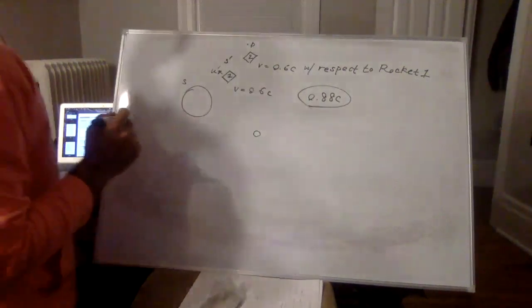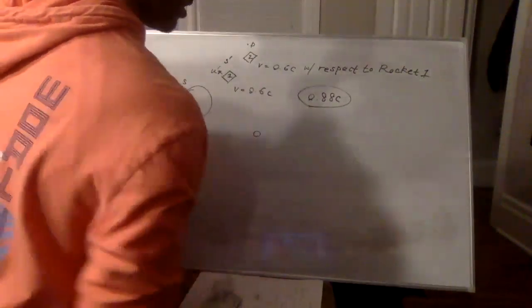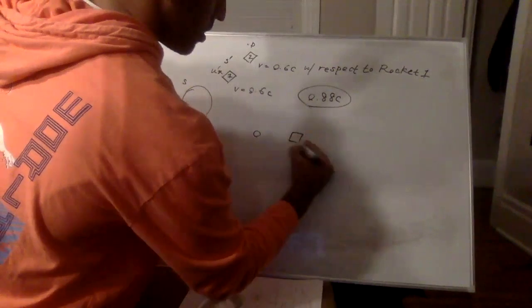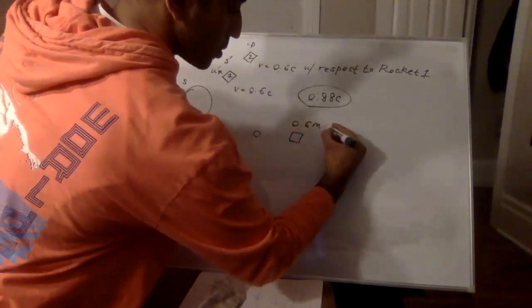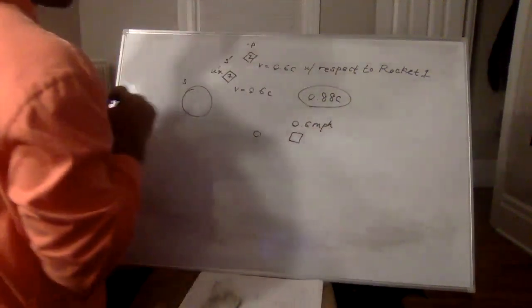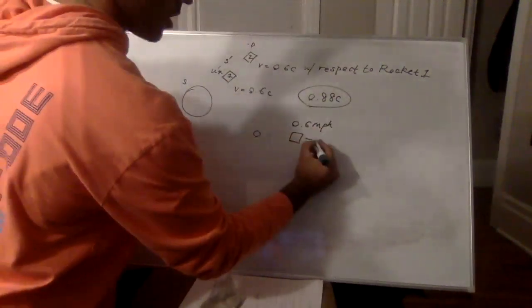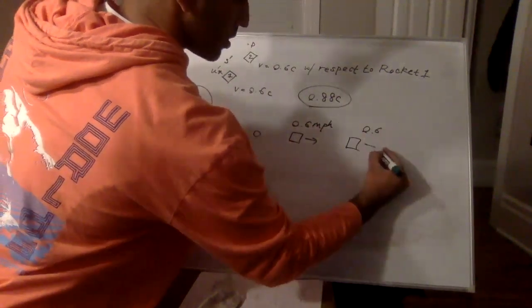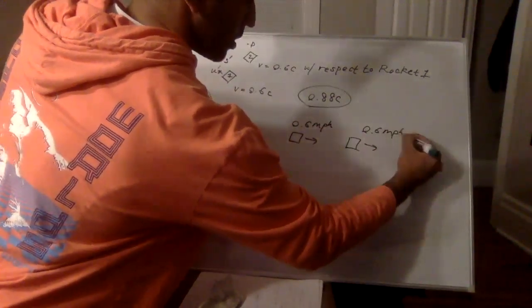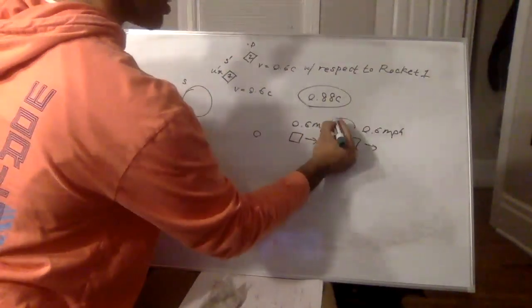So if we have a person and we have a car moving, let's say 0.6 miles per hour, and then we had another car moving 0.6 miles per hour with reference to car 1.